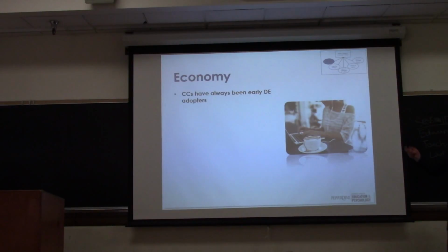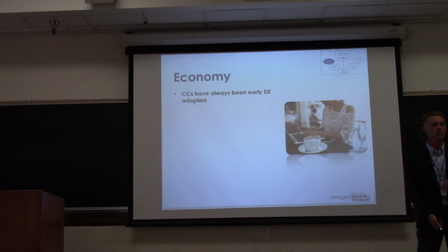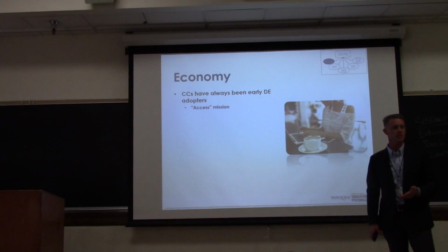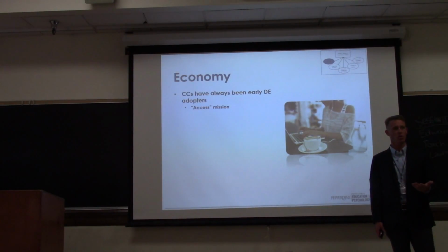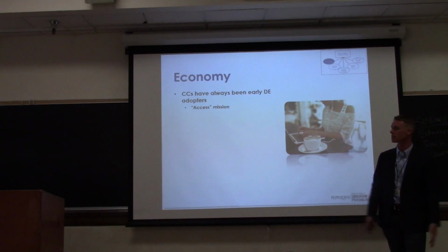So first, let's look at the first factor, which is economy. CCs have always been early adopters of distance education, with correspondence courses in the earliest iteration, years and years ago. And the reason for this is because, as you all know, a fundamental mission of the CC is access. And so correspondence courses, online courses, are a clear way to increase access.